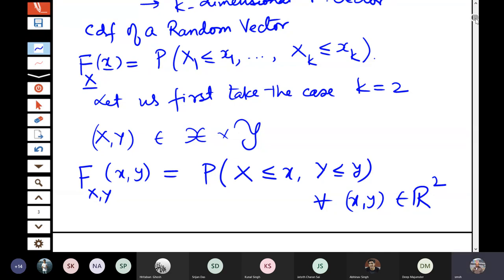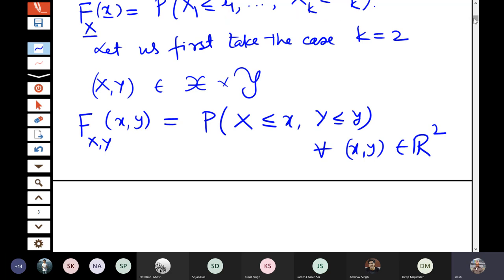Like the case of one dimension, where you had certain properties for the CDF, now this is a function of two variables, so you can look at the properties. In the case of one variable, when x was going to minus infinity, F was going to 0. In two dimensions, a similar thing will happen.